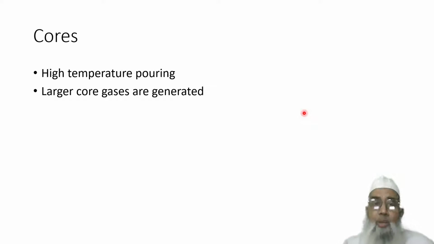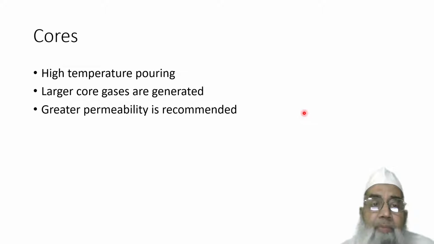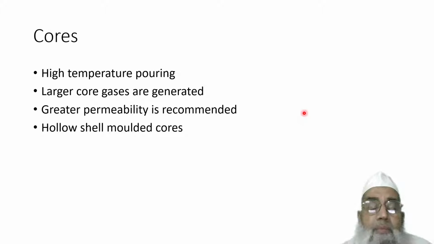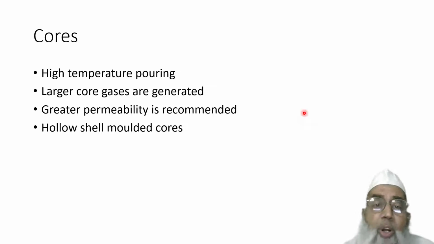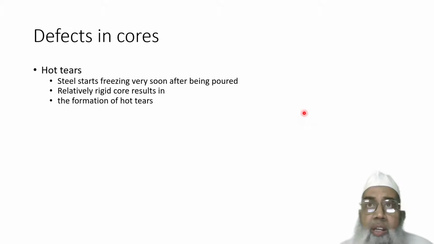They become voluminous, the volume increases, and the gases being generated are also in the core, and therefore the core should have a greater permeability. Not only this, but it can be aided by having hollow shelled molded cores, because due to inefficient cores there can be defects like hot tears.